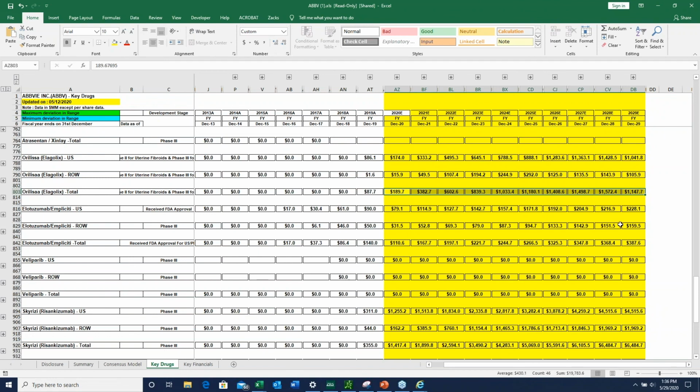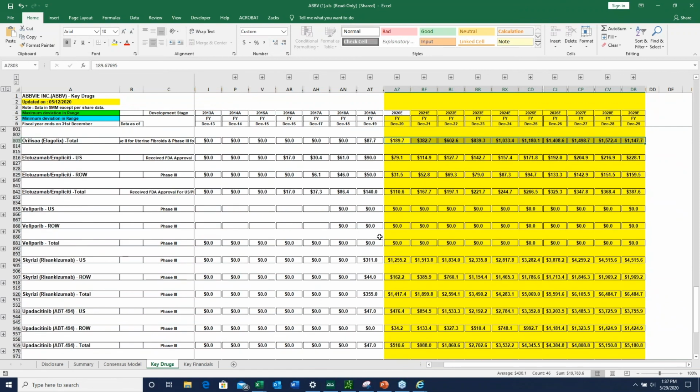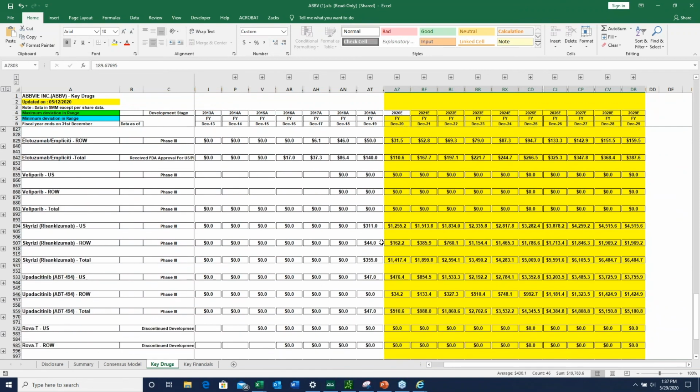However, that's still a drop in the bucket compared to the loss in revenue from Humira. But you can keep going down this list and you can see that there are other drugs that they have in the pipeline that have a very high likelihood of essentially replacing. And you can see this right here, Skyrizi. Again, this is a phase 3 clinical trial drug. Right now, it's expected to do 1.4 billion this year.